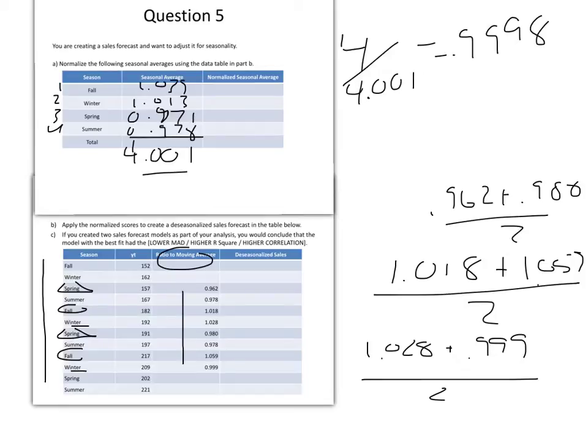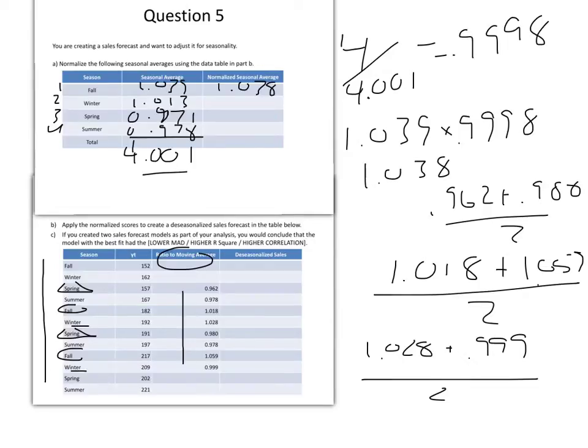In fact, the only one that will reduce here is this first one, because of rounding. We would say 1.039 times 0.9998 is going to then be 1.038. So it just slightly reduces this.